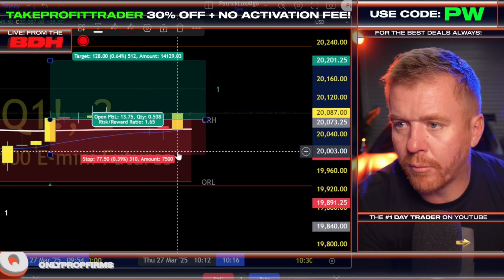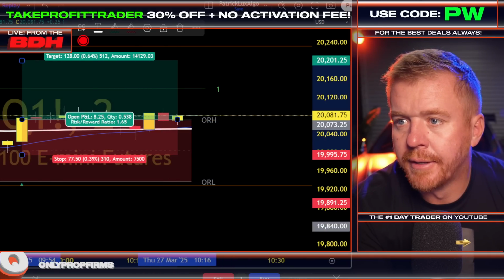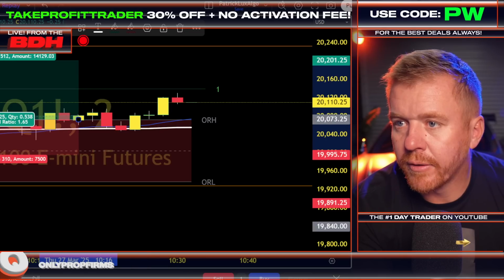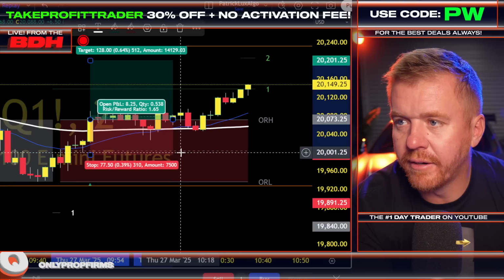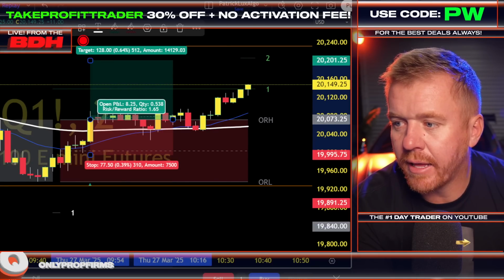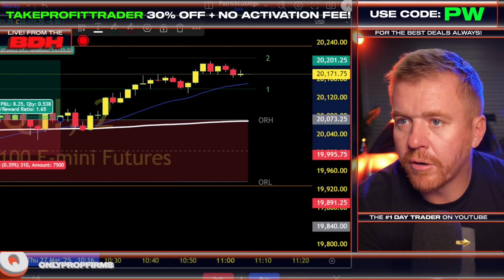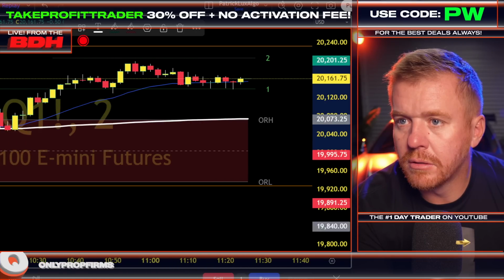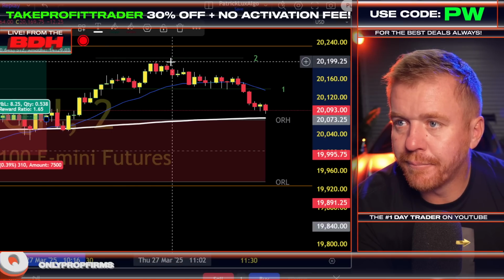Market's holding there at the VWAP. We have not gotten below the middle of the 15-minute range. Just kind of going sideways. I remember this day, it just went sideways. It finally hit target 1. So target 1 has now been hit. And then target 2 was really close to getting hit.